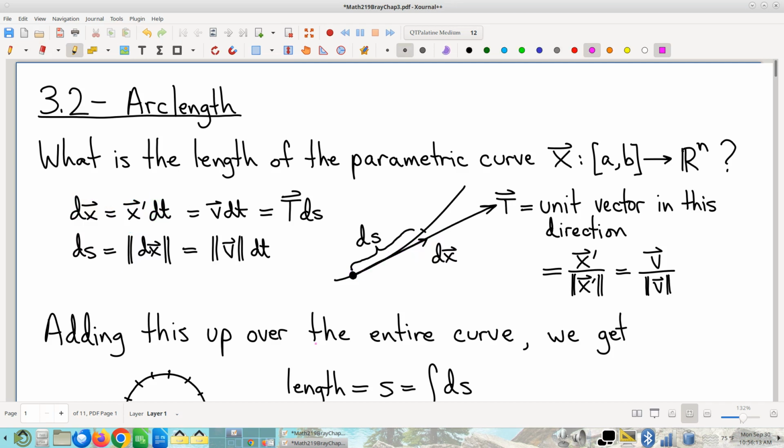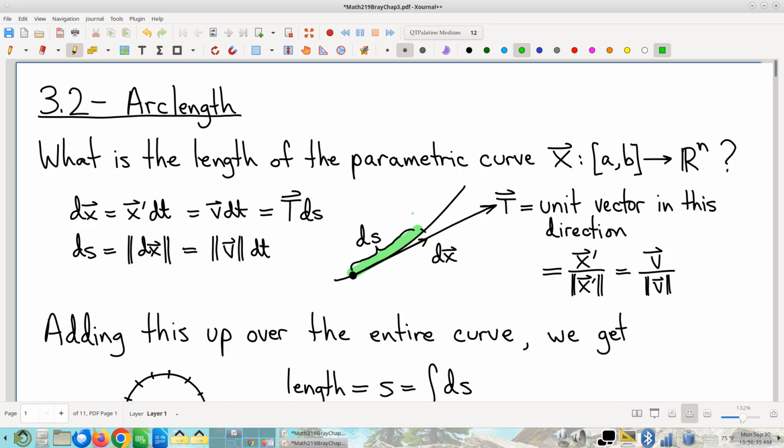Okay, now here's a related question. What is the length of that little piece of curve? How are we going to get our hands on the idea of how long that little piece of curve is, or our linear estimate of the length?